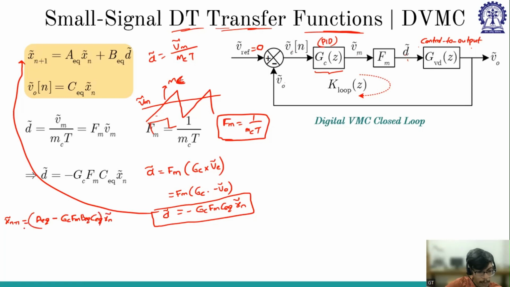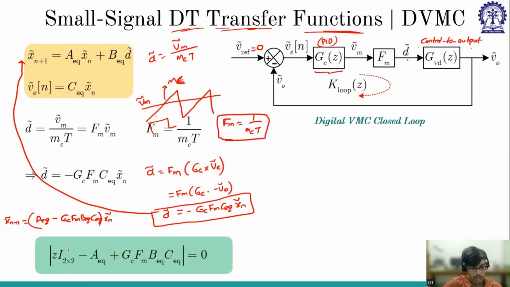So now if you apply Z transform, you will get this expression. You will get Z into X perturb of N equal to, say this entire matrix is some X, into XN perturb, right?